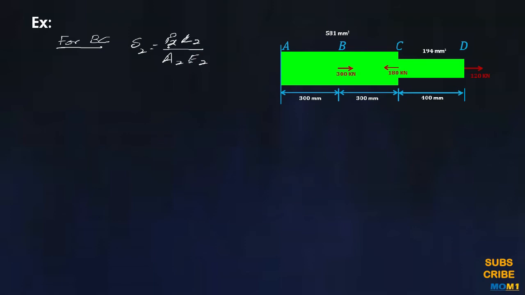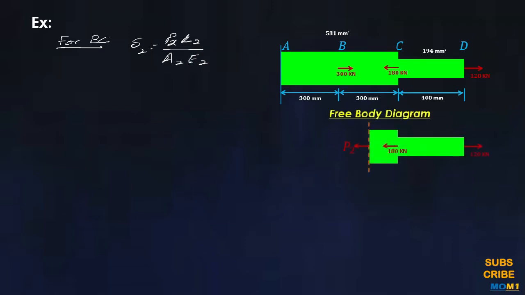And to calculate the P2, again using the free body diagram and section 2, section BC, using equilibrium conditions, summation of forces along x-axis is 0.